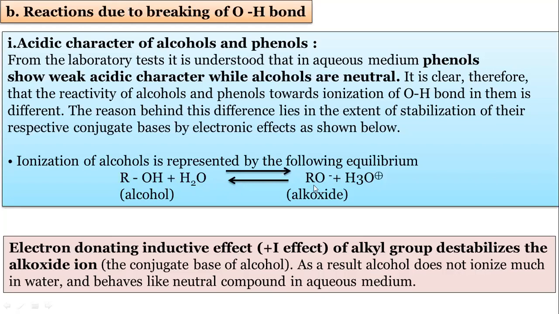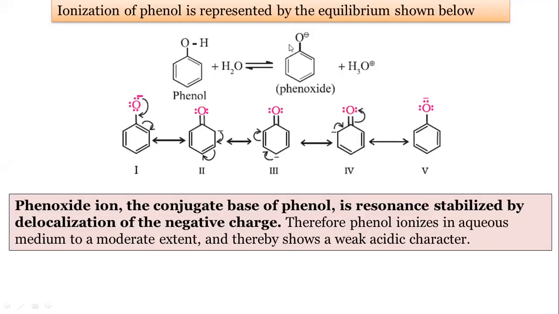Now, what is the difference between alcohols and phenols? In case of phenols, in aqueous condition, they form the phenoxide. Alcohols form alkoxides and phenols form phenoxides. I will explain the difference.